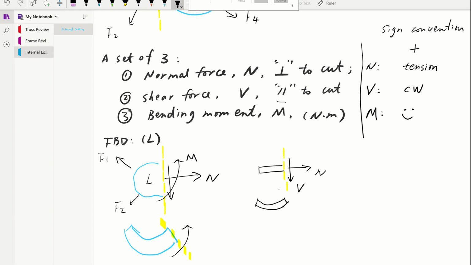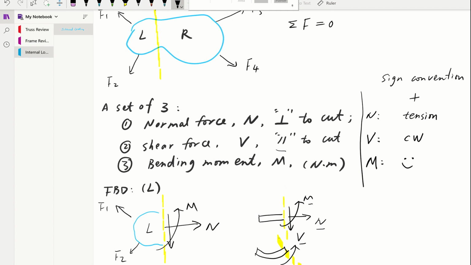You see, that's easier to see. And we're on this side. To make a smile, this has to go like this on this side. So make a smile that way, bending. Okay, so you have this set of three: normal, shear, and bending. That's for our FBD to the left.